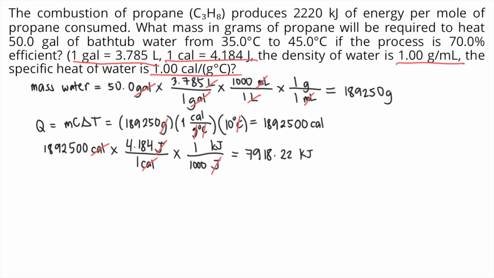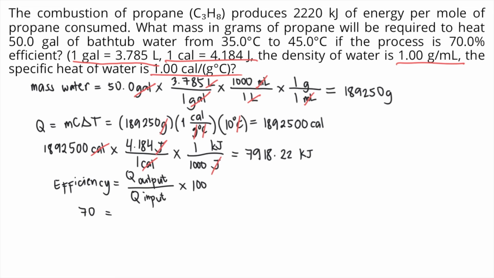But if you read the problem, it says that the process has an efficiency of 70%. If you can recall the formula for efficiency, efficiency is equal to your heat output divided by your heat input times 100. And the efficiency is 70%. So 70 is equal to your Q output.